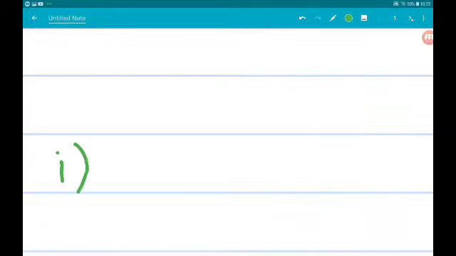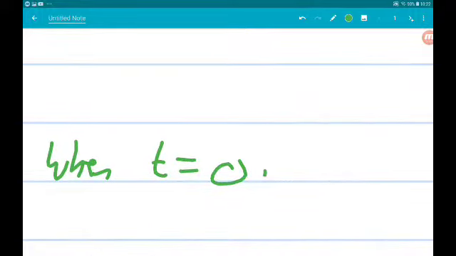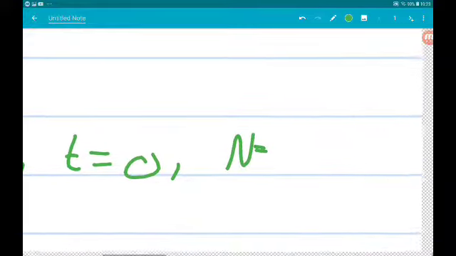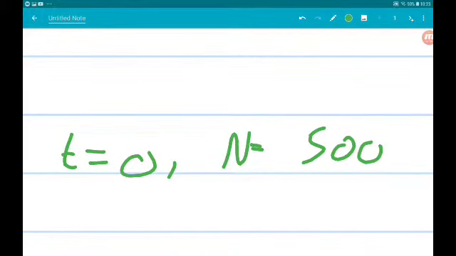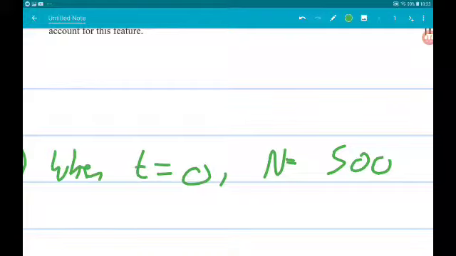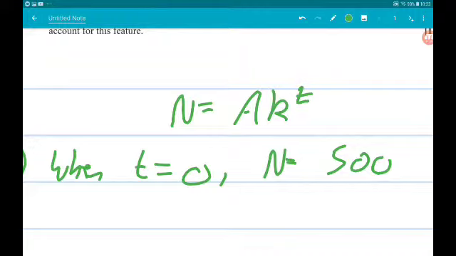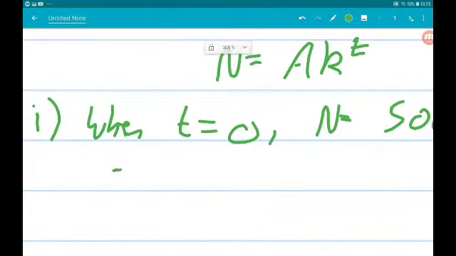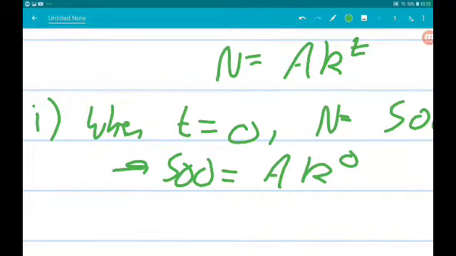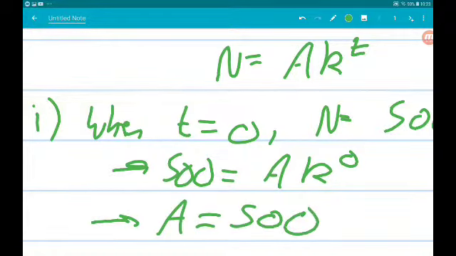Okay, so we know that when t is 0, n is 500. Now our model is n equals a k to the t. So we're going to get 500 equals a k to the 0, which means a is 500.